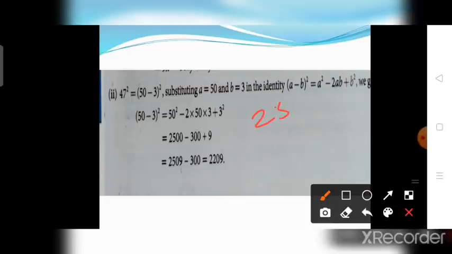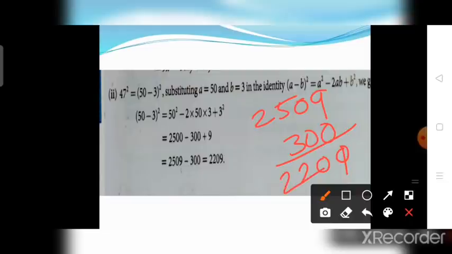The same symbols means add: 2500 plus 9 is 2509. The different symbol means subtract: 2509 minus 300. 9 minus 0 means 9, 0 and 0, 5 minus 3 means 2. 2209. Do you understand, students?